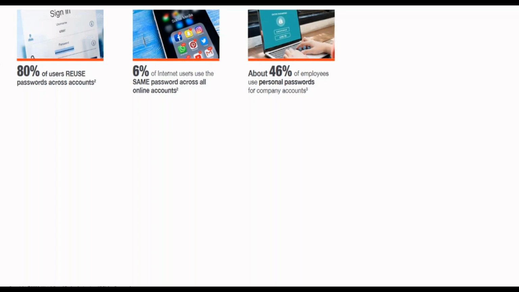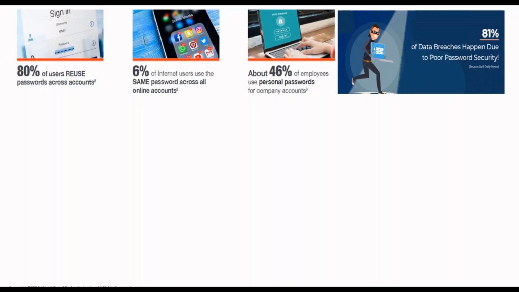So even if somebody got the password from Facebook, it's what you're already using on your SSL VPN. 46% of the employees use personal passwords for company accounts. 81% of the data breaches happen due to poor password security. So this is very important.